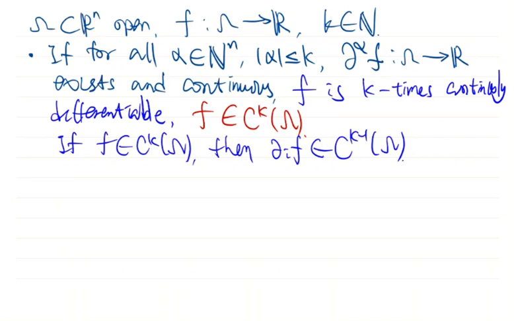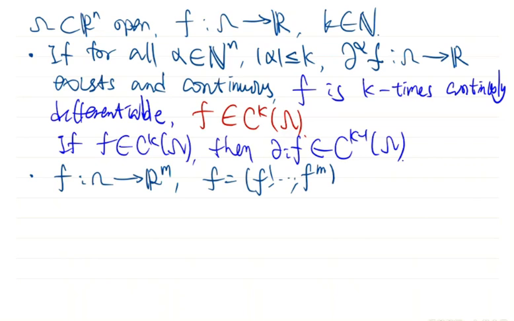Okay, now we consider vector valued functions. So f is a map from omega to Rm. Then f can be written as f1 through fm. F will have m components. Okay, so if all fi are C^k, so we have introduced this notation, meaning that all the components fi are k times continuously differentiable.